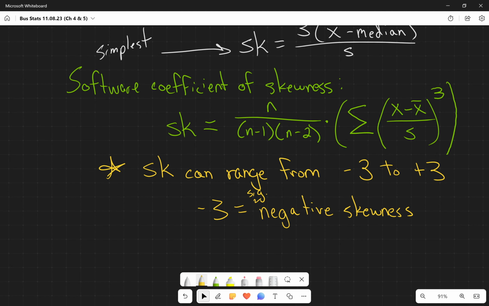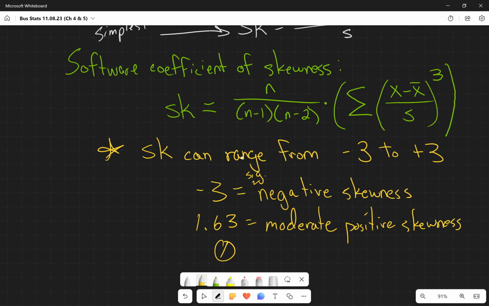A value of 1.63 tells me I have moderate positive skewness. And a value of 0 means I have a symmetrical distribution. The reason it is -3 to 3 is because it's based on the cubed deviations from the mean.